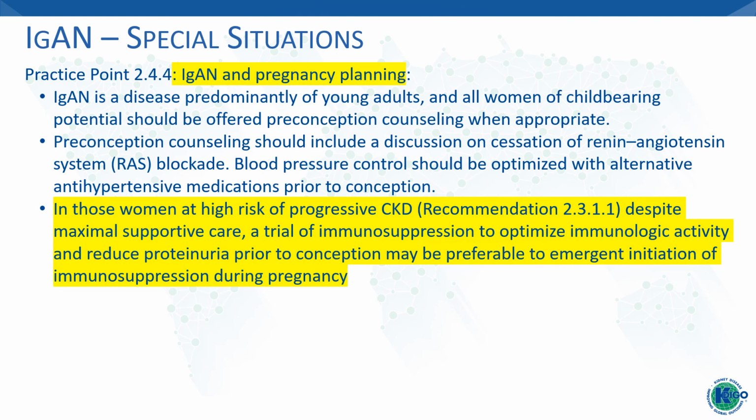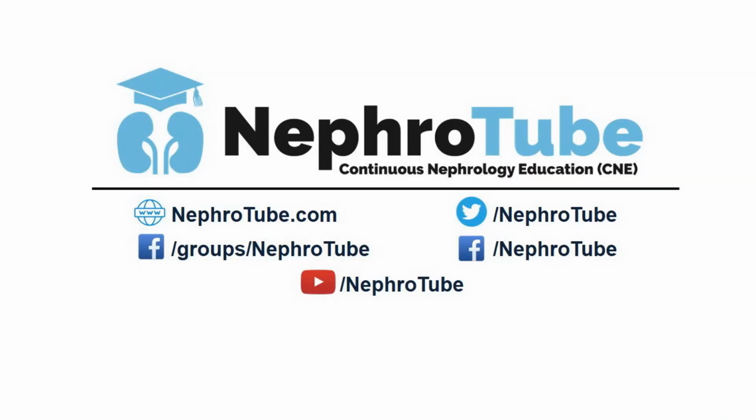This is preferable to emergent initiation of immunosuppression during pregnancy. So try to make the patient in remission or partial remission as much as possible before entering the conception period.